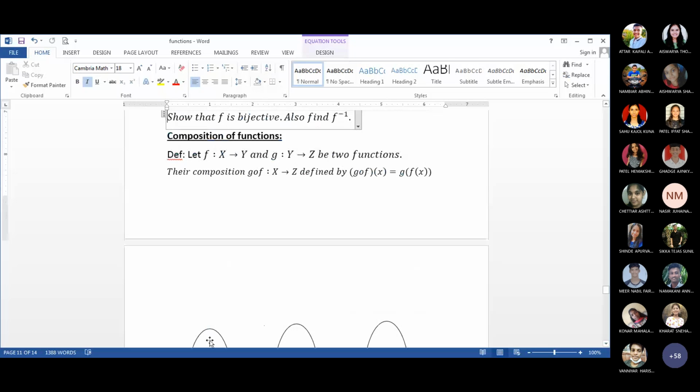Okay, so next we go to the composition of function. Composition of function में what we have, f is a function from x to y, g is a function from y to z.